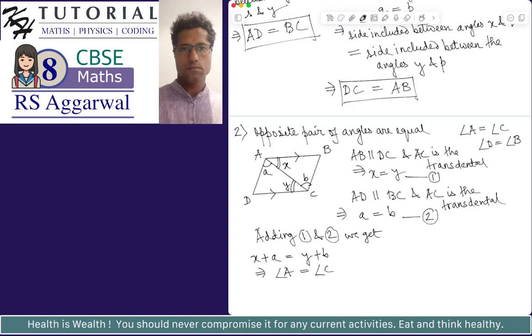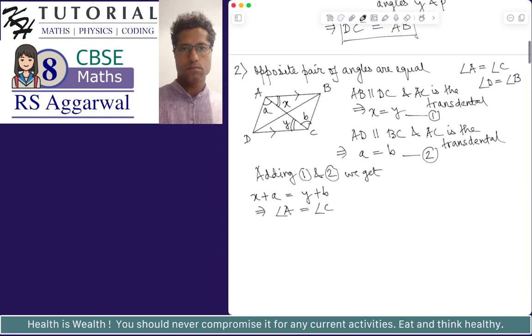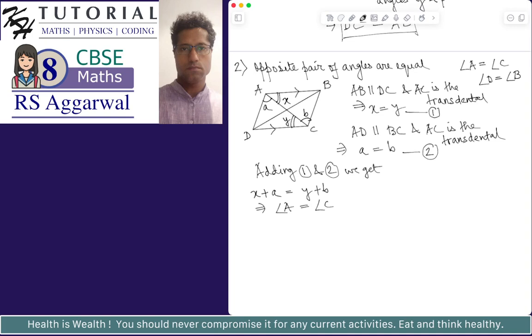I think to prove angle D is equal to angle B, I have to use the other diagonal, that is DB. Now we know that AD is parallel to BC.